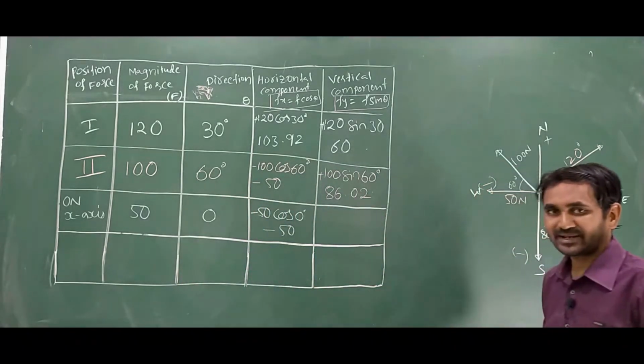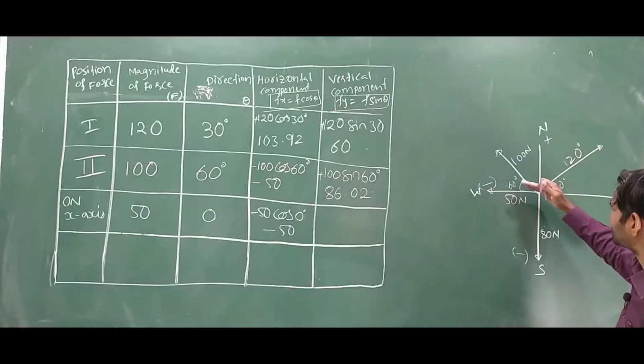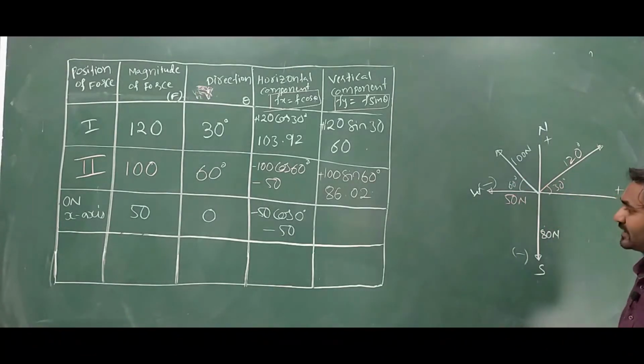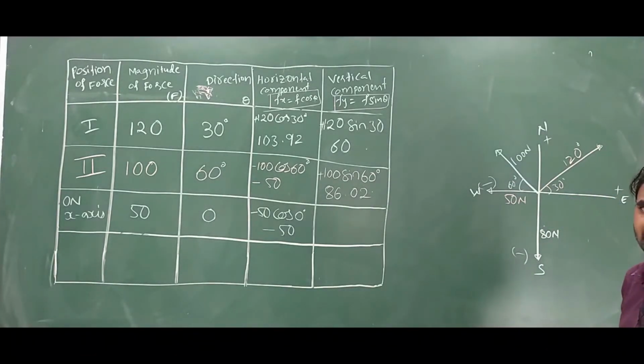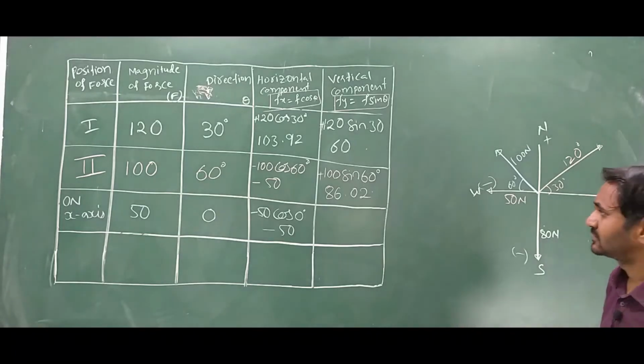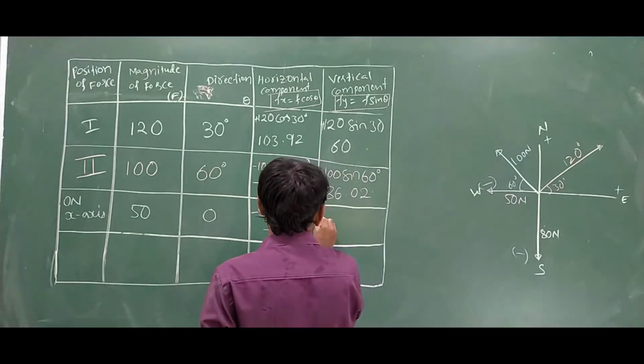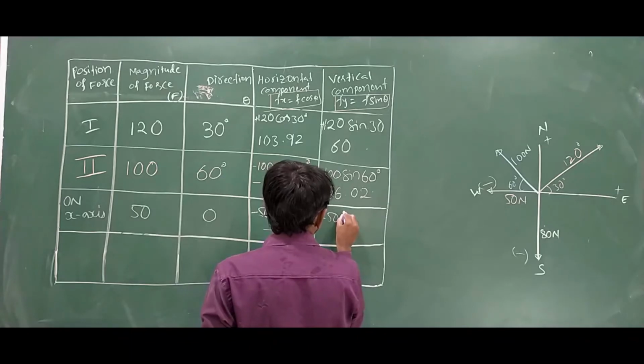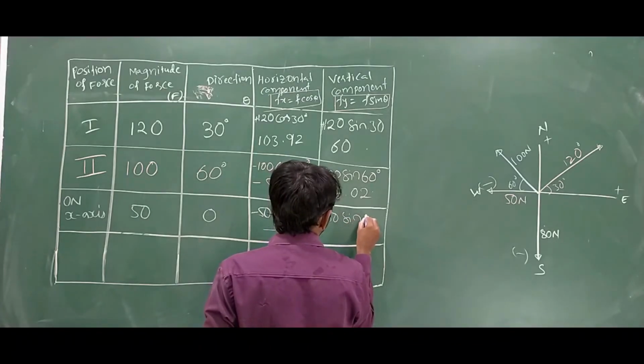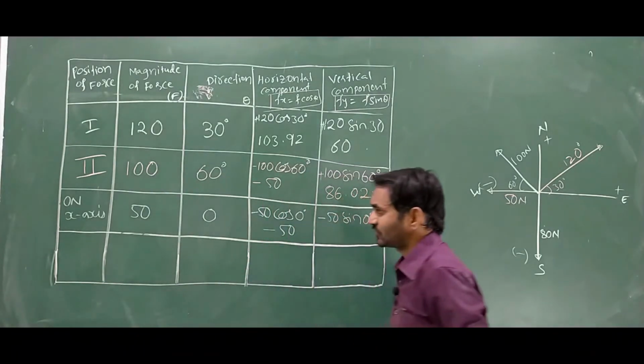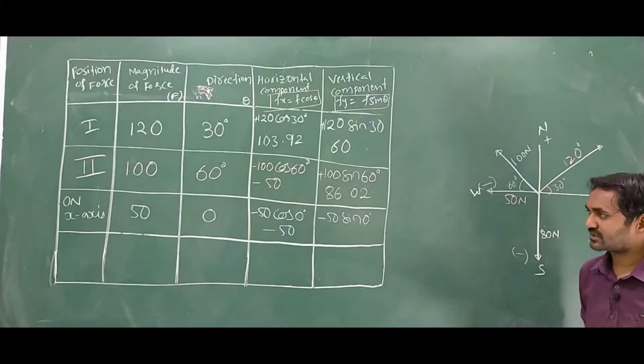And similarly, when I am resolving the same force in the y direction, I am getting the minus sign. So minus 50 sine 0. So you will get 0 here, because sine 0 will be 0.